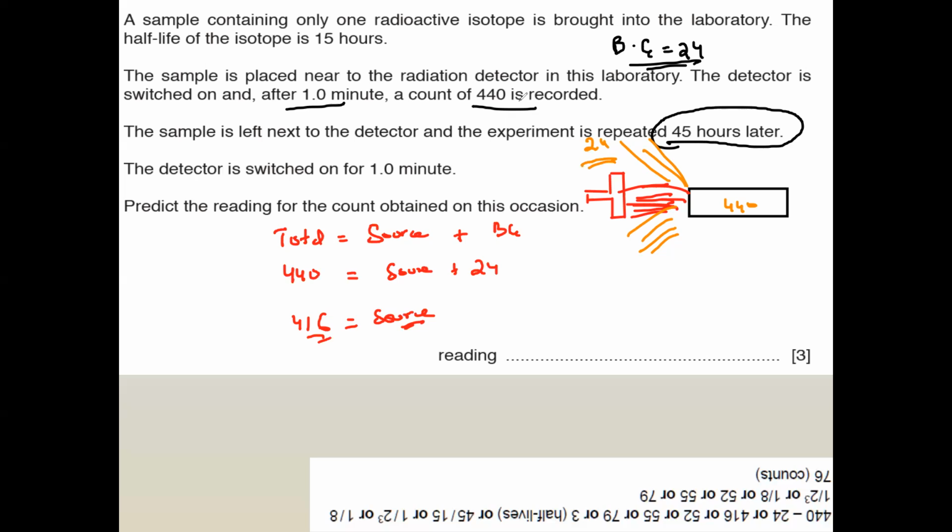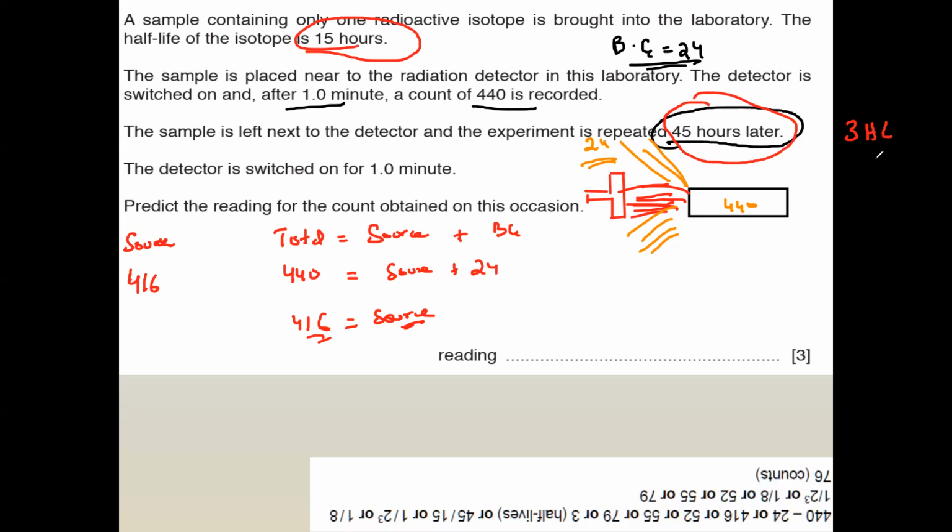Now we want to find what the reading on the detector will be. Only the source radiation will become half; the background radiation does not change. As mentioned, the half-life is 15 hours and we want the detector reading after 45 hours. Right now the radiation from the source is 416.